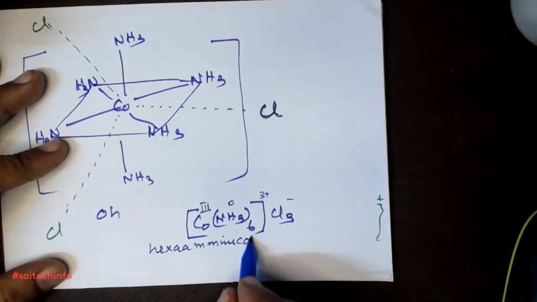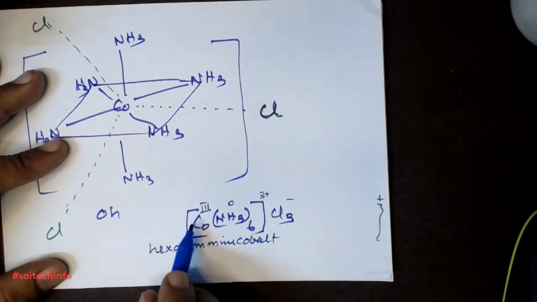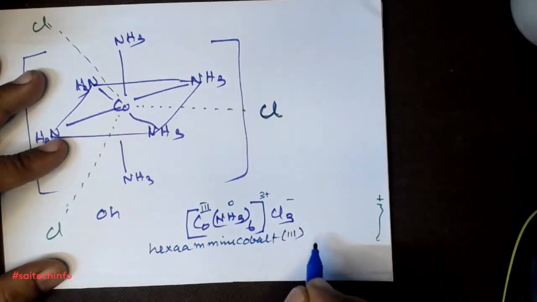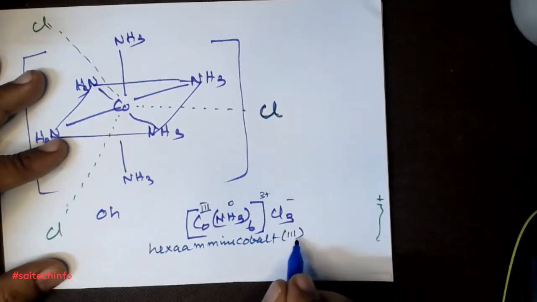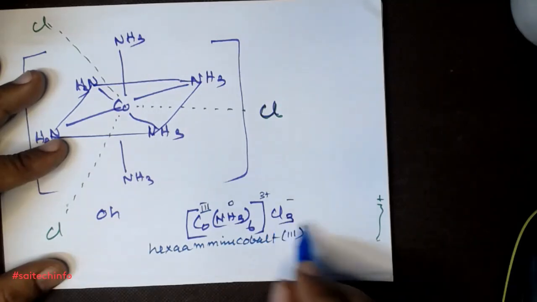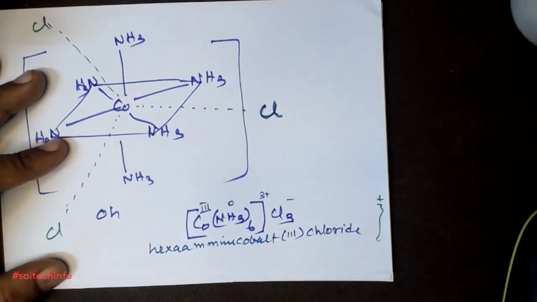It should be called cobalt as such, and then its valency, that is its oxidation state, should be mentioned as the Roman numeral 3. So hexaammine cobalt 3, and then followed by the anion. Anion is chloride, so put chloride simply. So this is the way you have to give the nomenclature. Hexaammine cobalt 3 chloride.